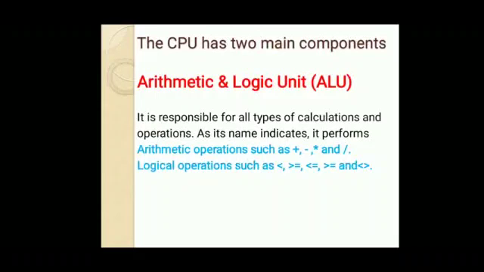Output devices, your work is to send the output. The calculation part that comes from the user goes to whom? The arithmetic logic unit. Which calculation part? Plus, minus, multiplication and division.